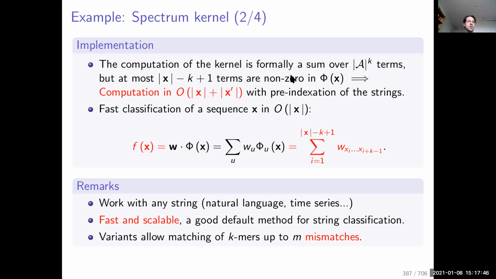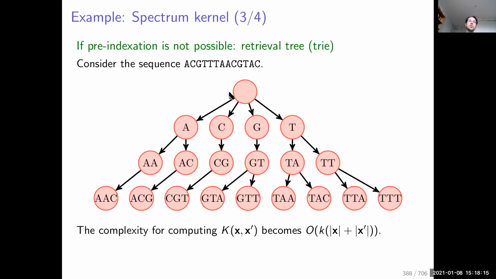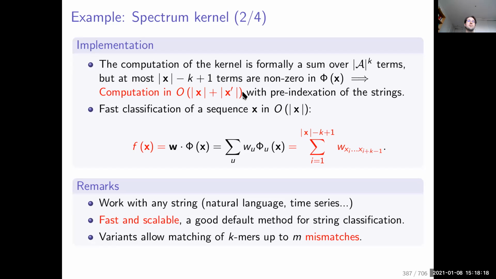It turns out that if k is not too large, for example, if the total number of patterns can be coded in 64 bits, which is reasonable, basically it means if this quantity here is smaller than 2 to the power of 63, it's easy to implement on your computer a method that will do the computation in a complexity which is linear in the length of the sequences.